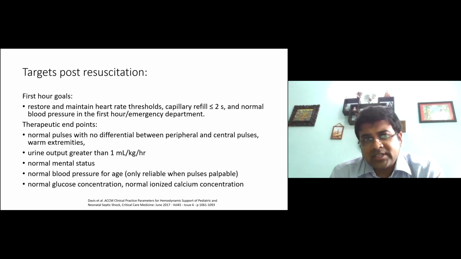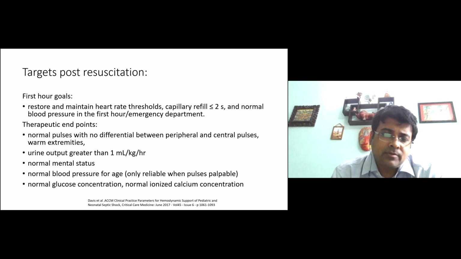What are the targets post resuscitation? In the first hour, you must try and get a normal heart rate. But in the presence of fever, sepsis, or even in MISC, where there's a cardiac problem going on, you might not get the proper heart rate. But very important, you must get your capillary refill less than 2 seconds, and you must try and get the blood pressure to a normotensive state.